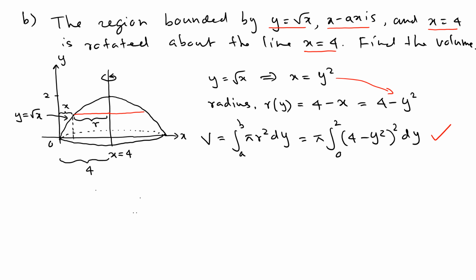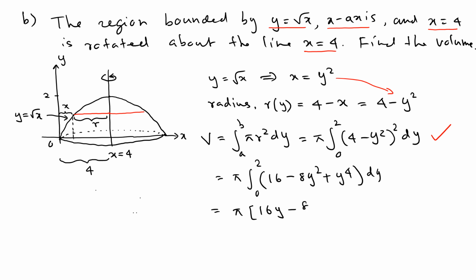Now we want to simplify that part. How to simplify? You have to distribute that first and then integrate term by term. If you distribute, from 0 to 2, you get 16 minus twice the product, 8y squared, plus y to the 4th power, dy. This is a term by term integration. So pi times 16y minus 8 thirds y cubed plus y to the fifth over 5, from 0 to 2.